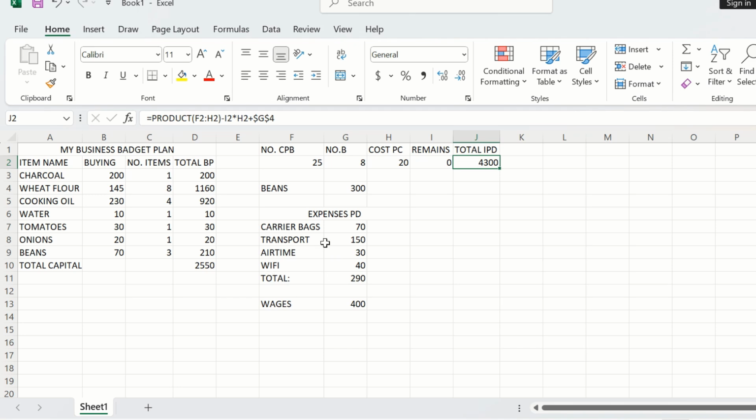So away from that, let's say that we have to calculate other expenses we can include within this particular area.